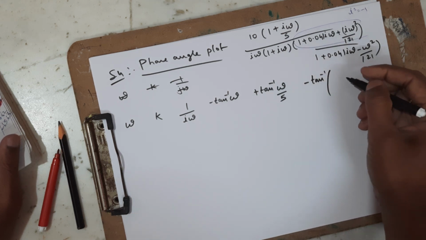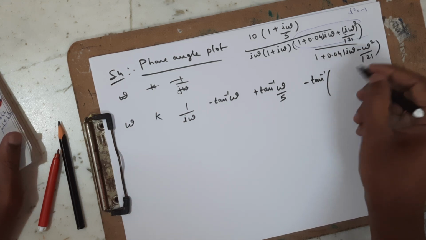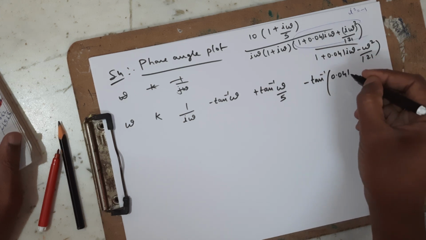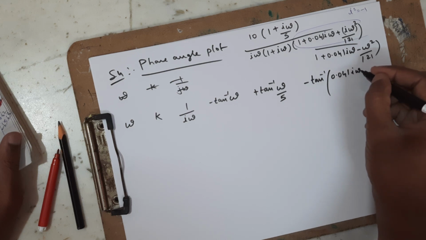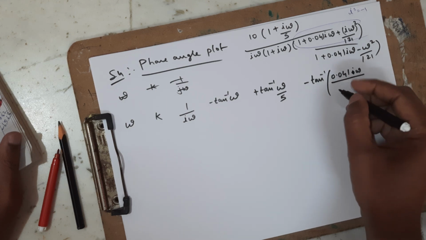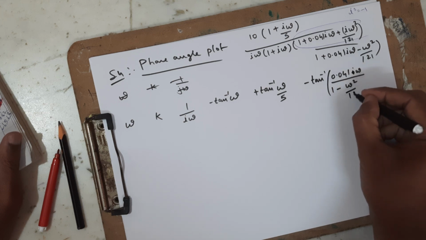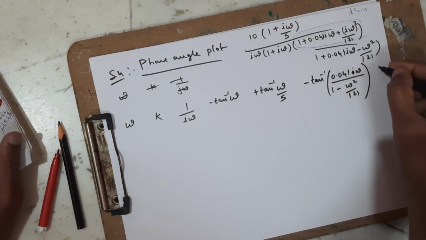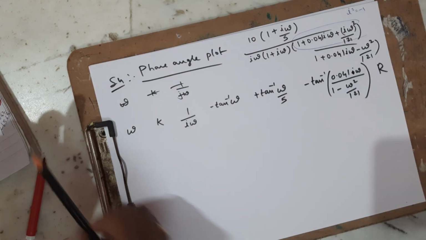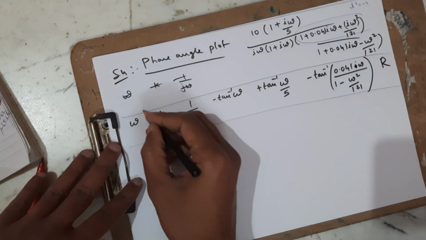What is the value of y? It will be 0.041 omega divided by 1 minus omega square by 121, and the final column will be our resultant. So we have to form the table like this.